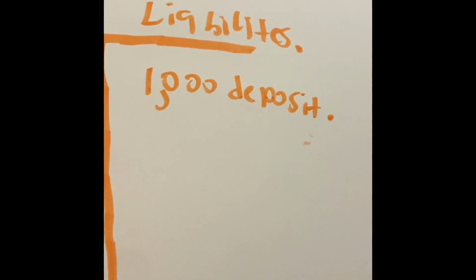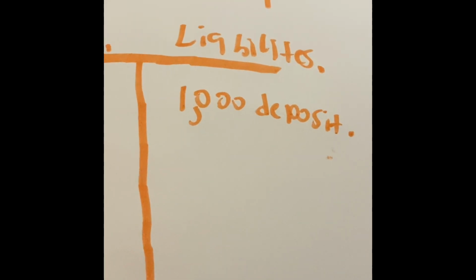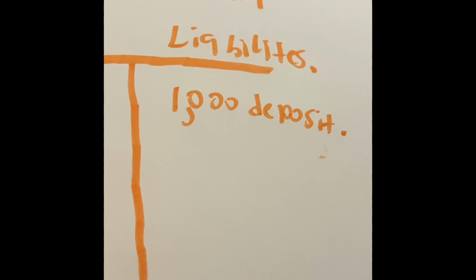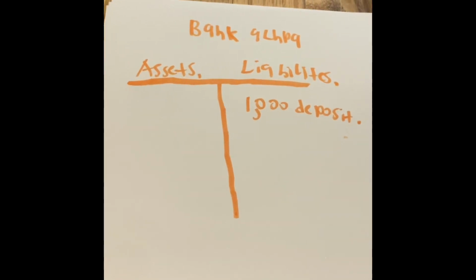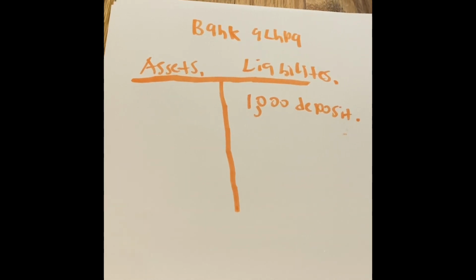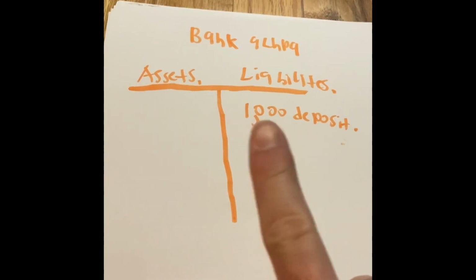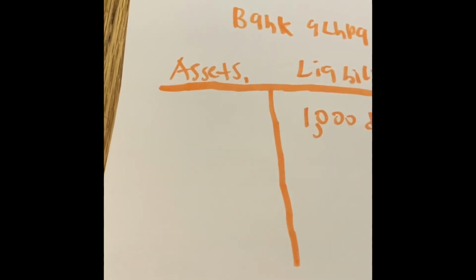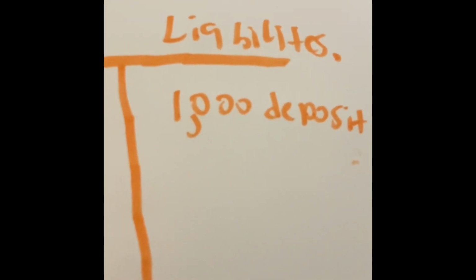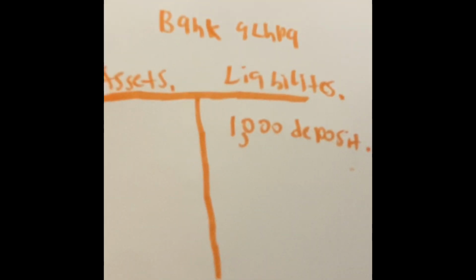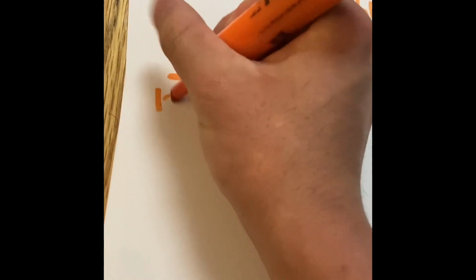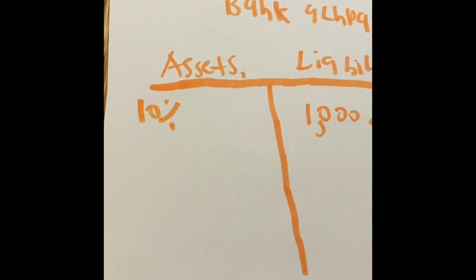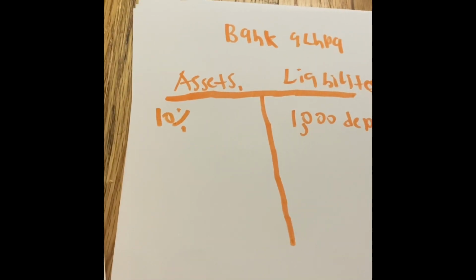That person can come back to the bank and take the deposit out and withdraw from it whenever they need the money. That is what the person has, not what the bank has. However, the bank is going to do something with that deposit. We're going to give an example where the reserve requirement must be 10% of the total money they got each business day.